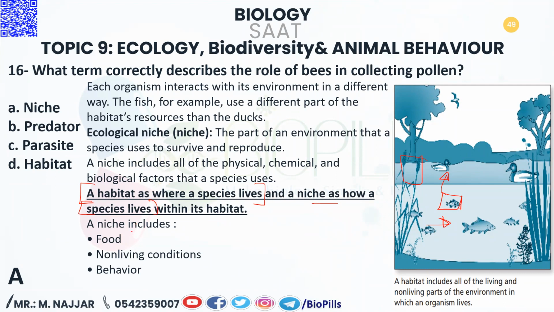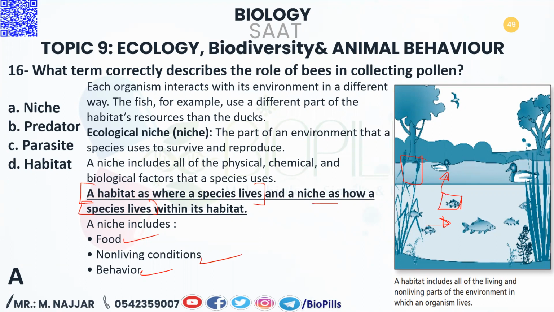It may include the food, the non-living conditions, and also the behavior of this organism in its normal habitat to obtain its food or to live in its environment. So this is the definition of the niche: how the living organism lives in its environment, while habitat is only where they are living.